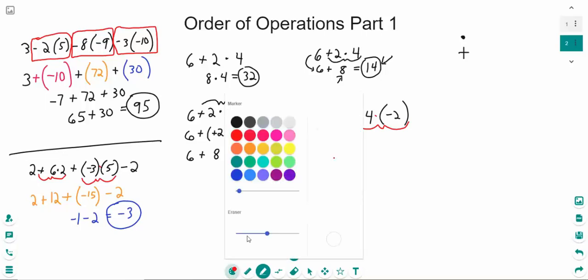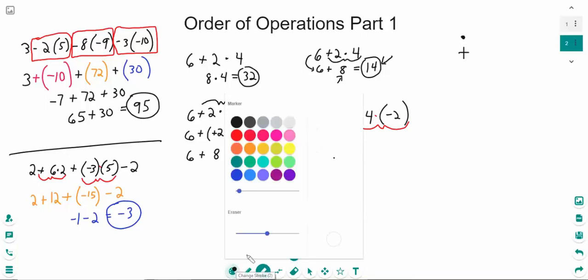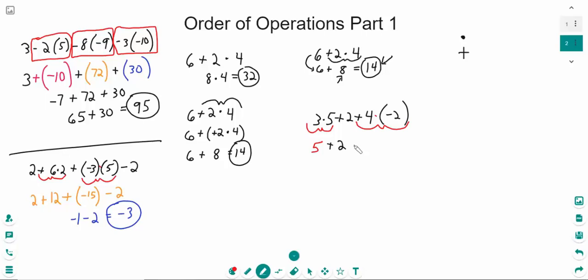And then I have left over from the original problem here, I still have that plus 2, right? Now let's take this positive 4 times the negative 2. A positive 4 times a negative 2 is negative 8. So we have negative 8, right?